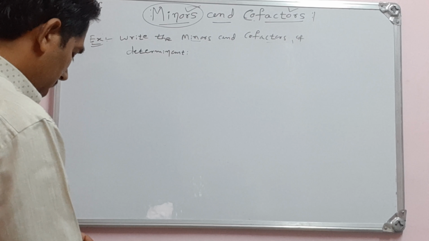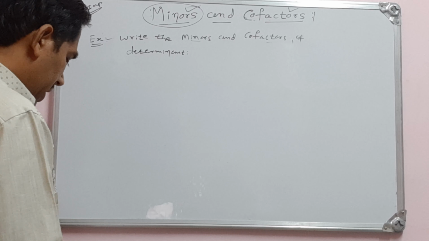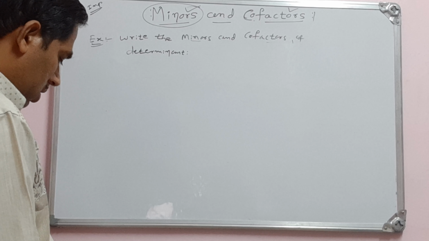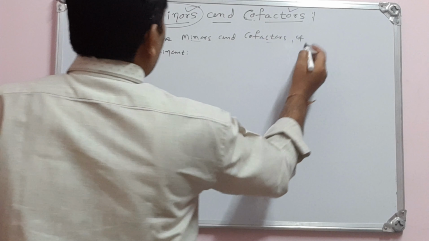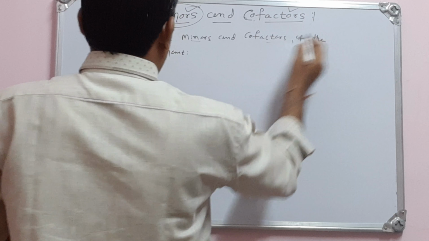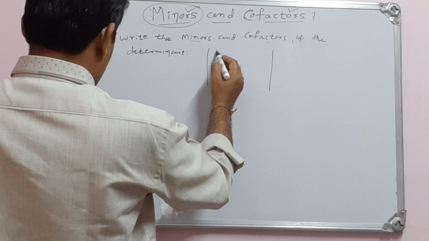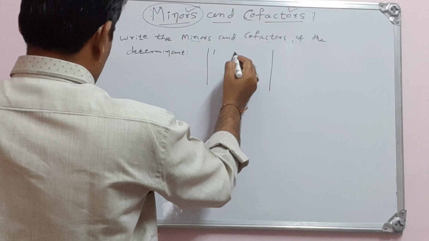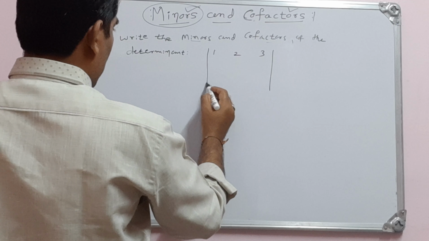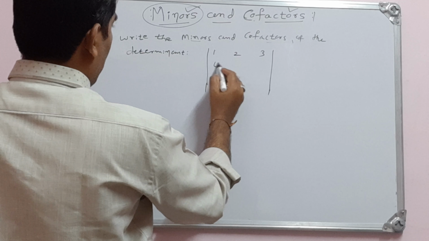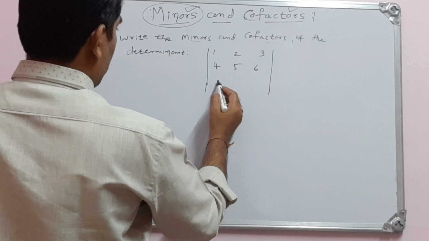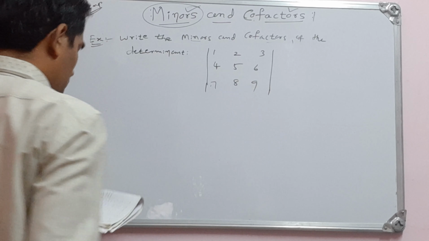Find the minors and cofactors of the determinant. Let me write this: 1, 2, 3, 4, 5, 6, 7, 8, 9.